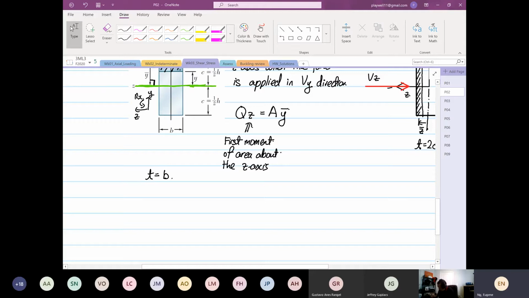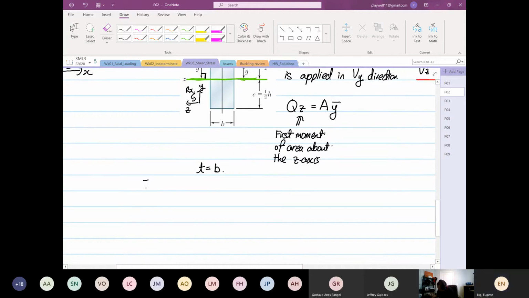Okay, so the thickness orientation is perpendicular to the applied shear force.